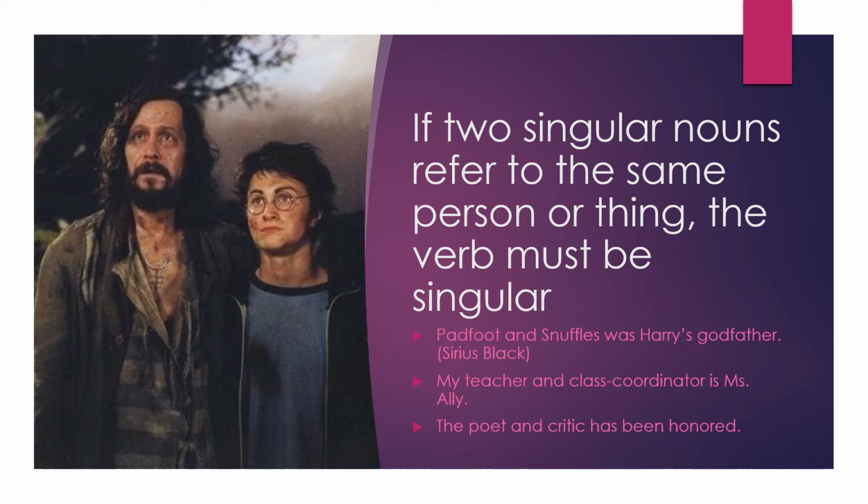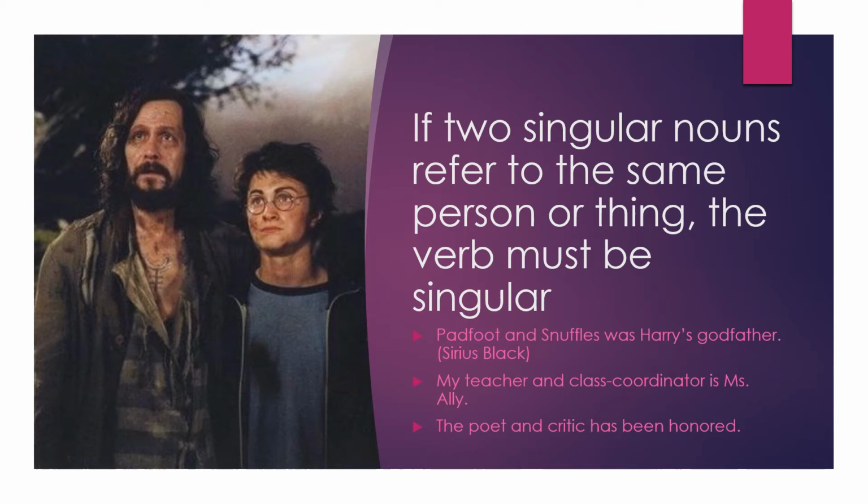Both have been joined using the word and, but they are not two different people. These two names refer to one single person, Sirius Black. Therefore, we'll say that Padfoot and Snuffles was Harry's godfather.